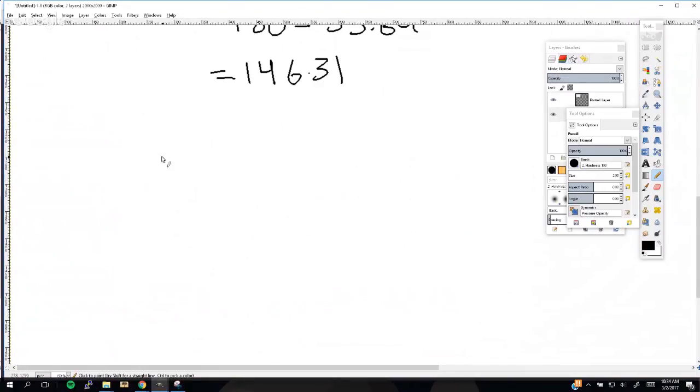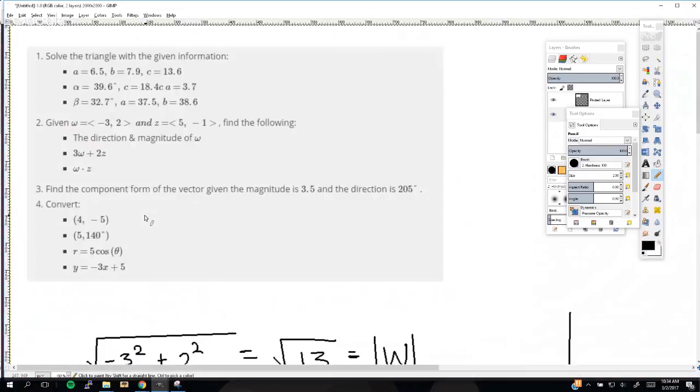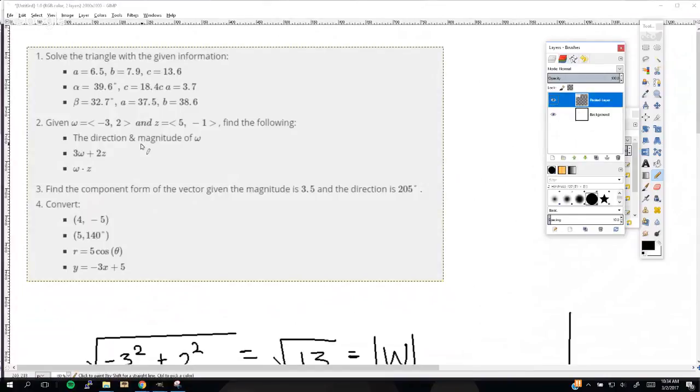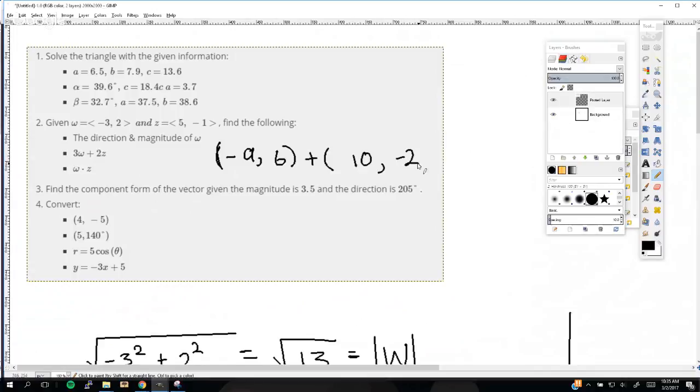And then for the other ones, it's just, as you said, multiplying both components by whatever number it gives us. So 3 times W would be 3 times -3, which is -9, and 6. Then you get, did you get 1, 4?